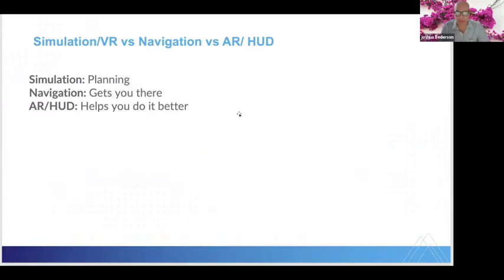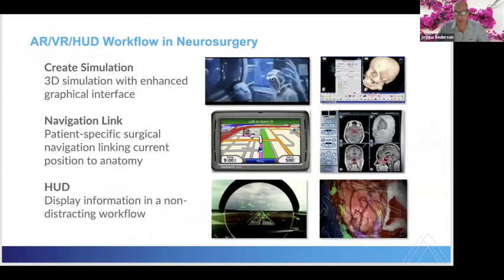In neurosurgery, simulation is helpful for planning. Navigation gets you where you want to be, and augmented reality helps you do it better. The steps, as you may know, are to first create a simulation. Think of the movie Avatar, but we create a simulation by combining our different modalities into a virtual reality scenario.